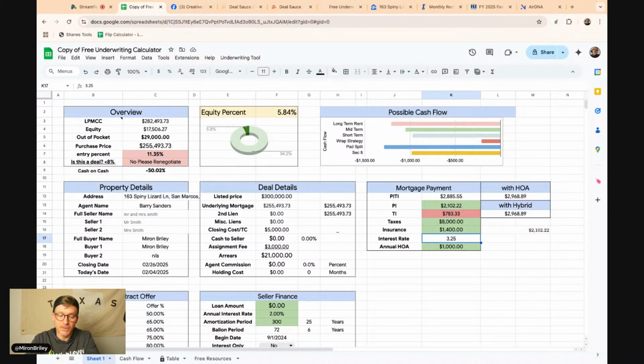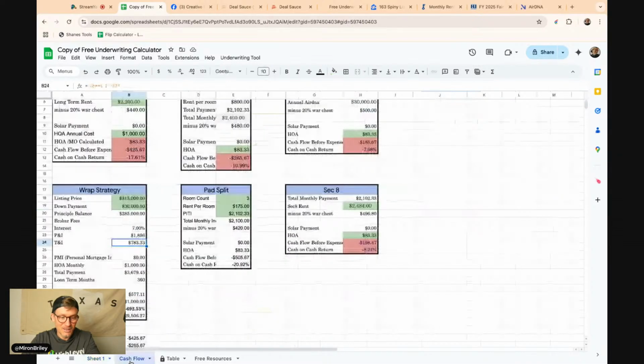Minus 783. So this could be something like 13, 18, 13, 19. So I took the PITI, took away the TI, and I came up with 3119. So it gives me the 2185. So let's go back here.